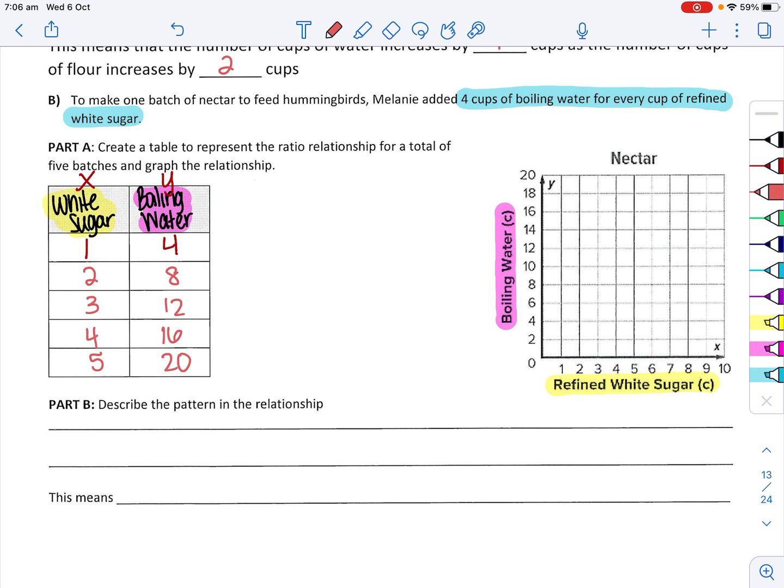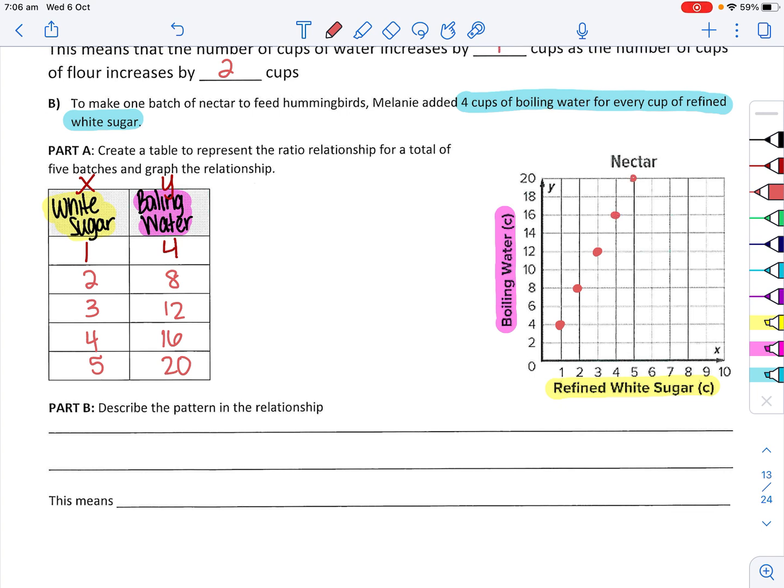So now I'm going to put these values on the graph. These ones actually fit on the graph pretty nicely. So 1, 4, 2, 8, 3, 12, 4, 16, and 5, 20.